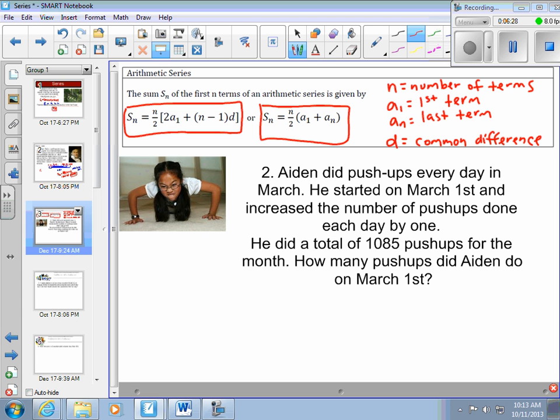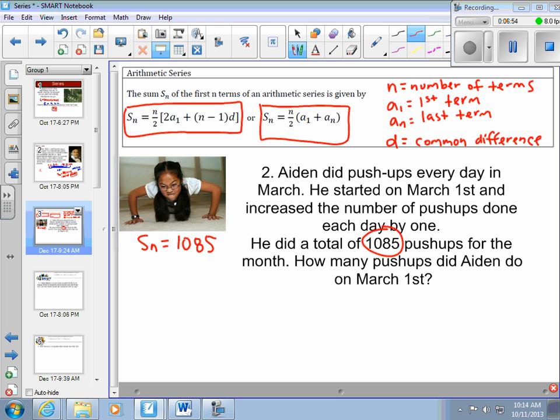First, they said he did a total of 1,085. That total would be all the push-ups for the whole month. That would be our sum. So our sum of however many days is going to add up to 1,085. Another thing they tell us in the problem is the difference.